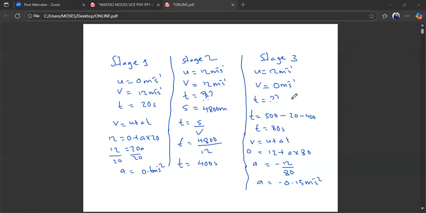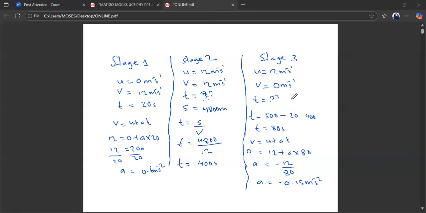Okay, we can proceed. Then if you look in the third stage here, they just told us that the cyclist decelerates uniformly to rest. They never gave us the initial or final velocity. So now what you do, the final velocity in the previous stage, that was stage 2, was 12 meters per second. That will obviously become the initial velocity in the third stage.